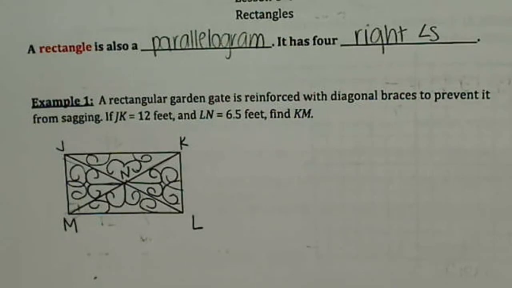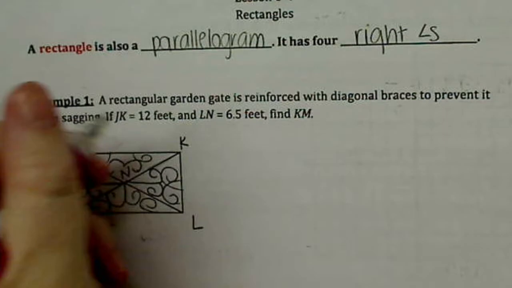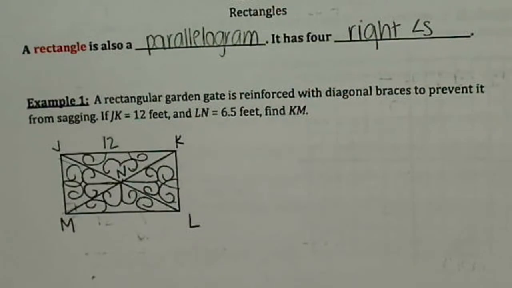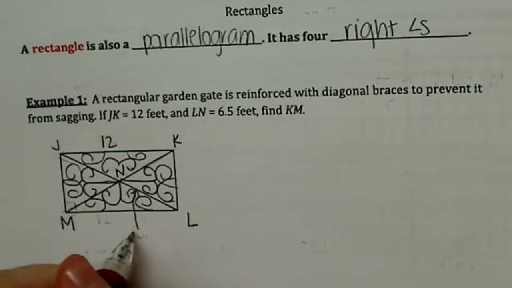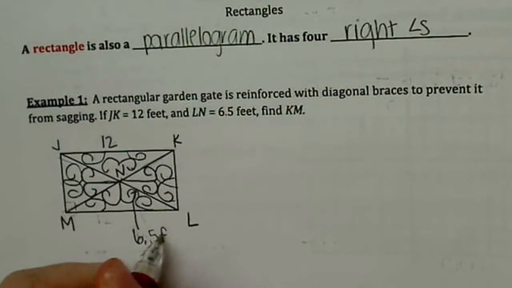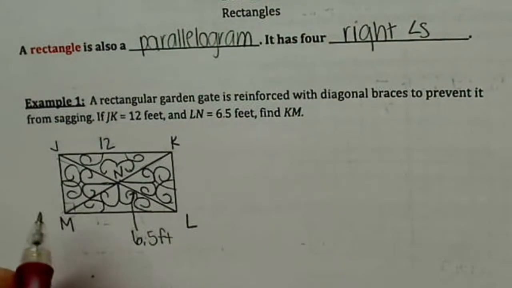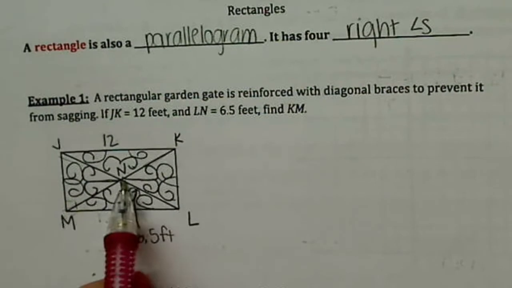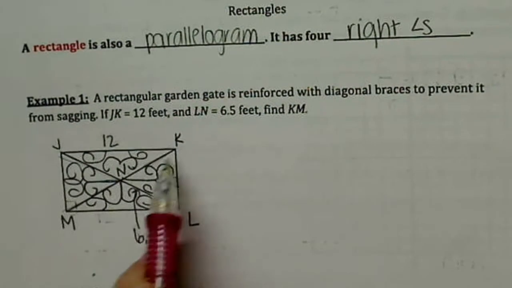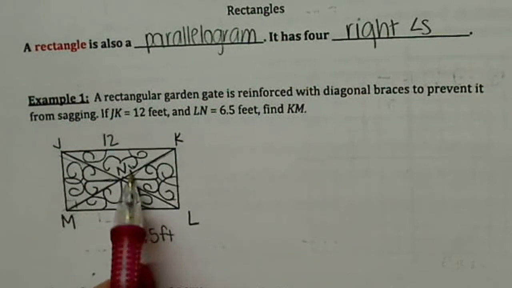Alright? So in number 1, we know that JK is 12 feet, and we know that LN is 6.5 feet. We want to find KM. Because this is a rectangle, every one of these little pieces is 6.5 feet.